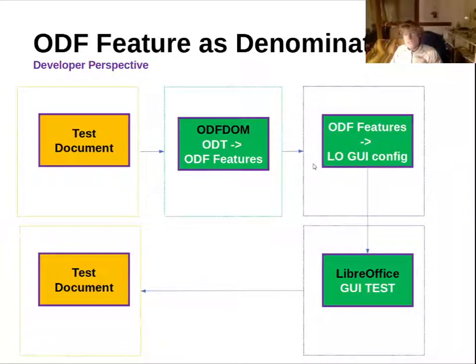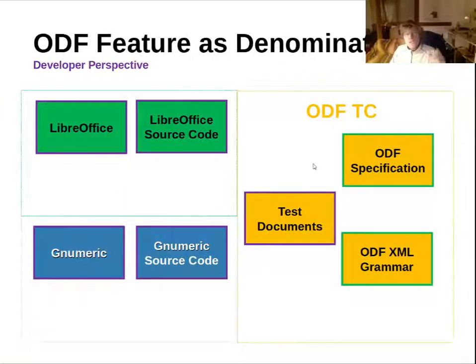So the ODF feature is some kind of denominator between various things. Look at it. It's between the specification, the test documents, the features in LibreOffice, and of course now the source code as well.